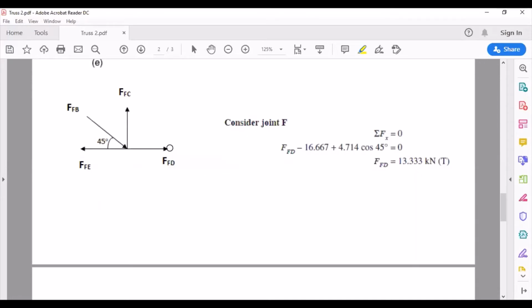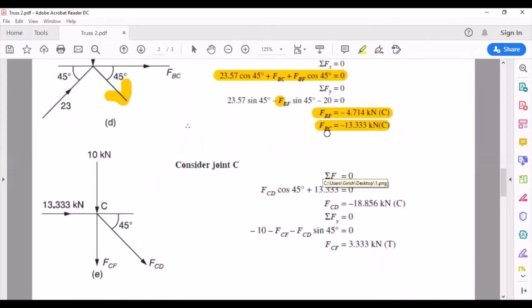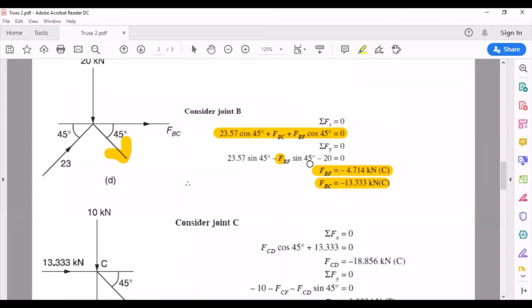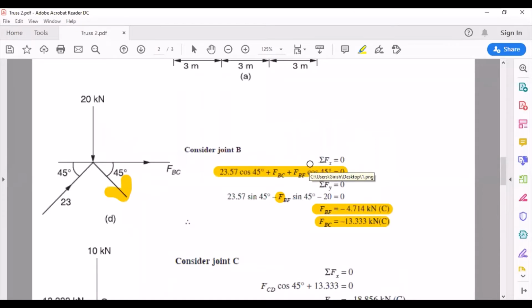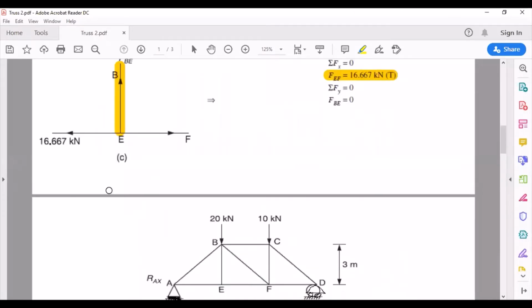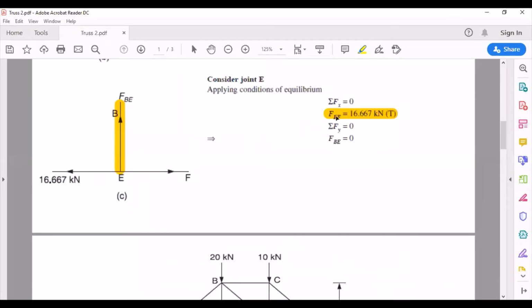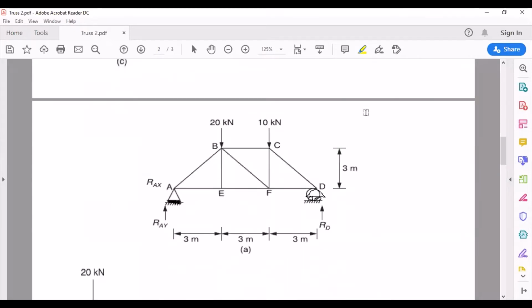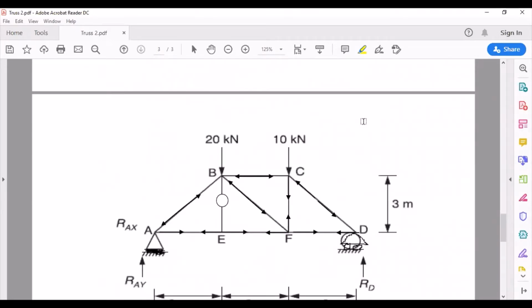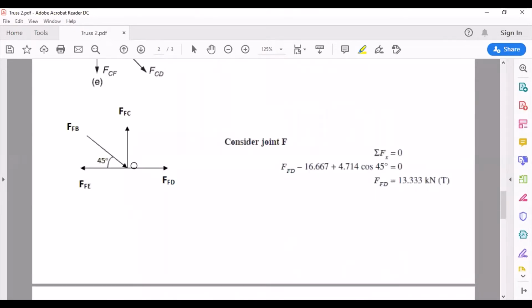Next, you have FFE, which is to the left and negative. You have already calculated it in joint E: FFE is 16.67. Since it is moving to the left, it is taken with the negative sign.